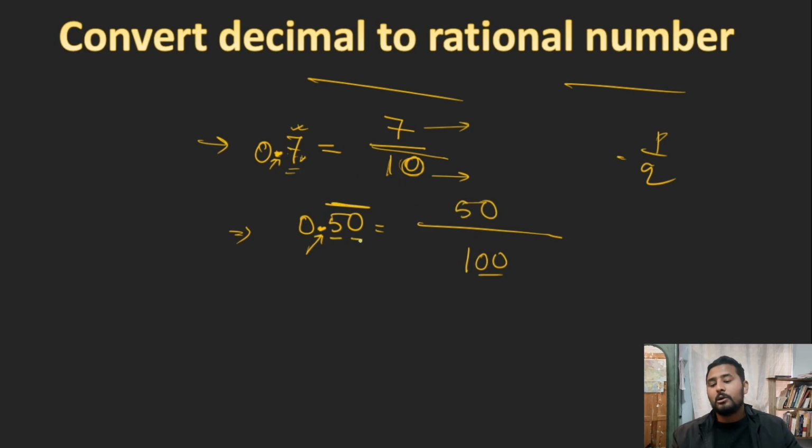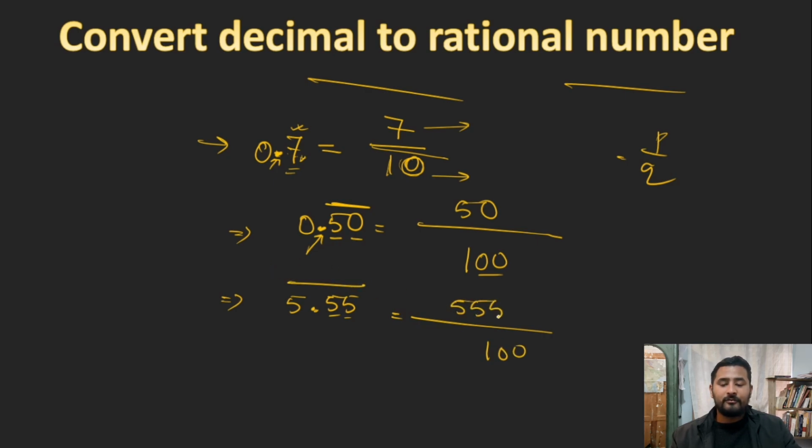One more example, say 5.55. Now how will we write this one? Like I said, after the decimal point 2 digits, so 100, and you write this whole thing 5 5 5. You just have to lose this decimal point. How will you lose it? When you put 100 in the denominator. I hope this is clear.